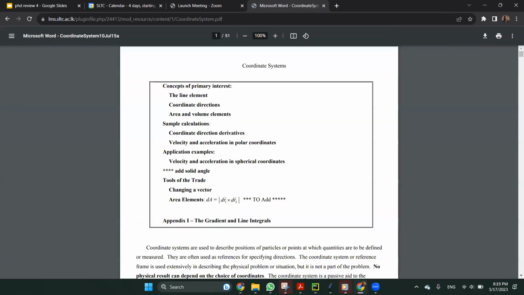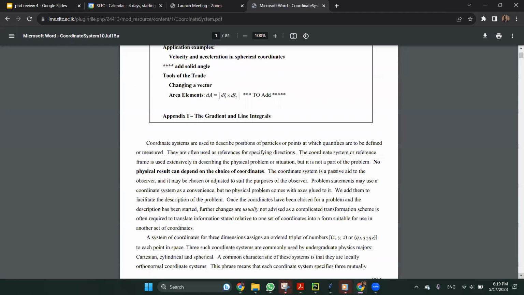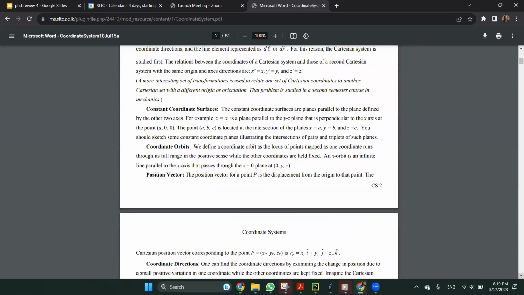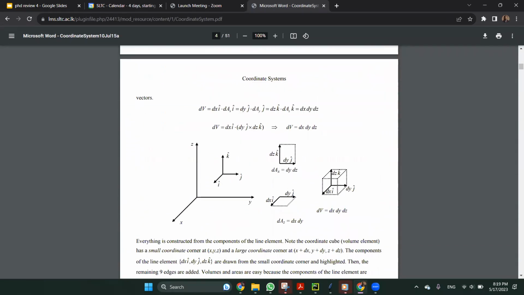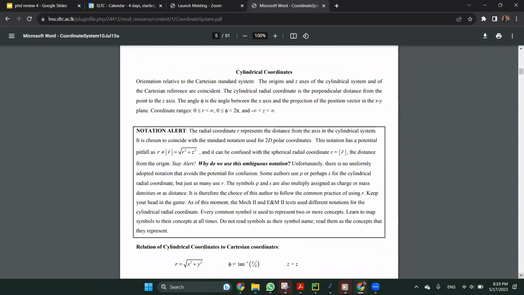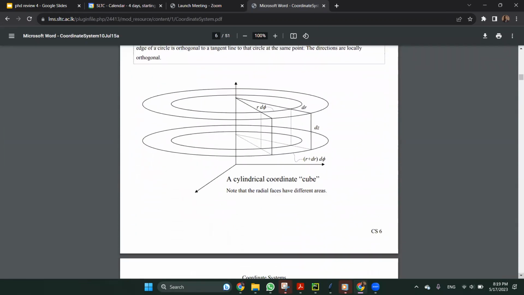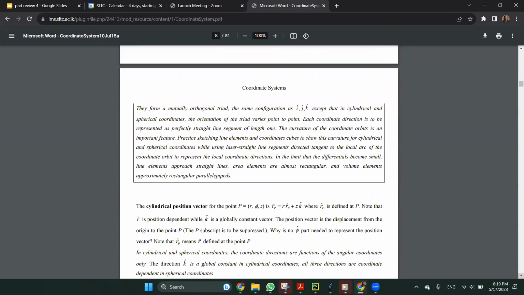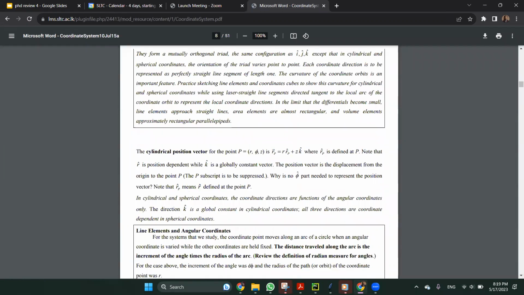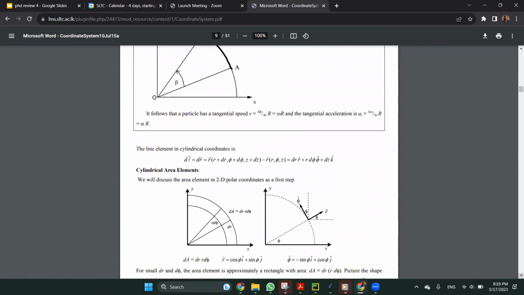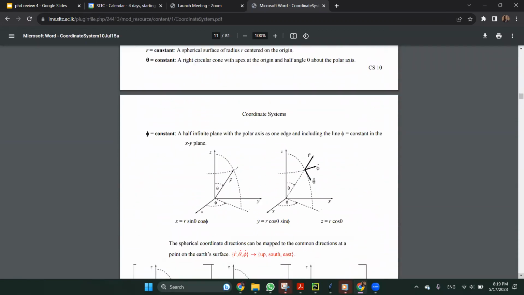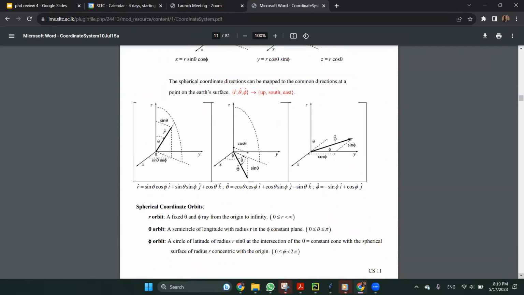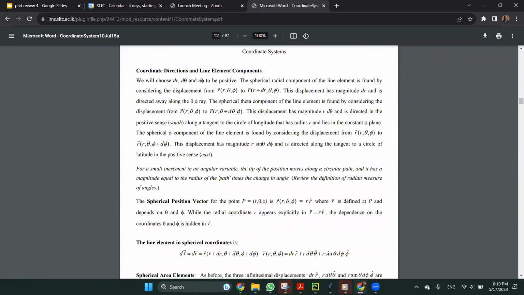You can read this documentation and go through the important facts in it. It has most of the important facts regarding the coordinate systems. I have only taken out the important factors that are required for me to conduct the electromagnetism part. Anything else that you want to know, you can read in this document.